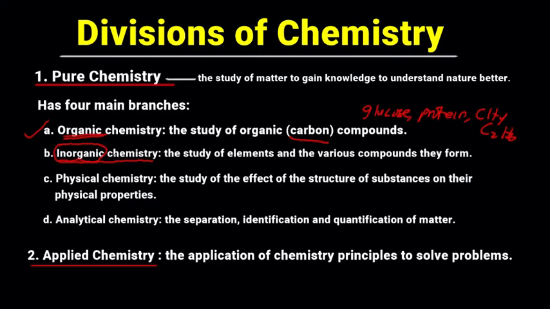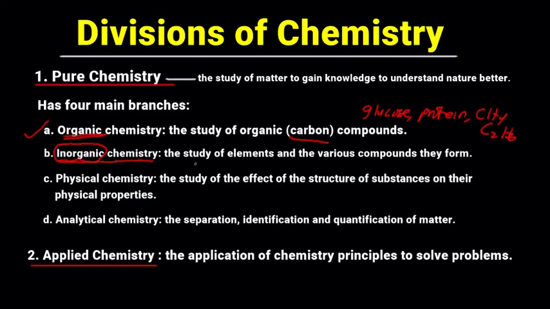So for artificial chemistry, we are just studying compounds that are made artificially. All right? Compounds that can be produced in the laboratory. You know, chemists can combine one or two elements and they can produce different substances. All right, so that becomes artificial.